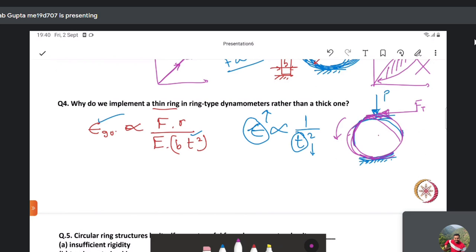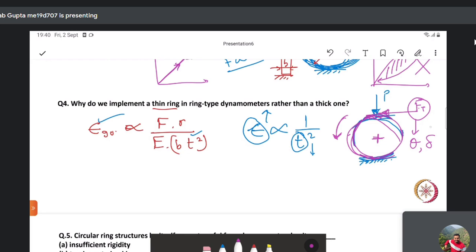Due to the action of this force, it is undergoing some amount of deformation and some amount of deflection. Due to this Ft, it is undergoing some amount of angular movement or angular displacement, as well as some deformation, say delta, which can be in the form of an angle, so angular deformation I can say.